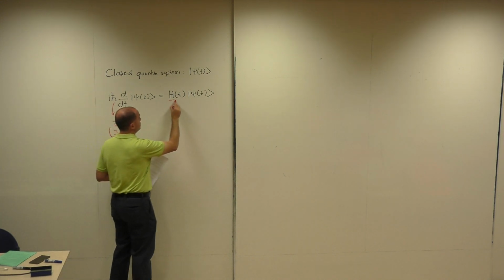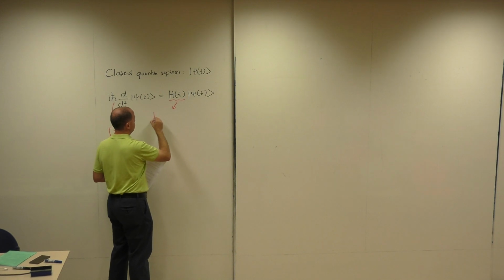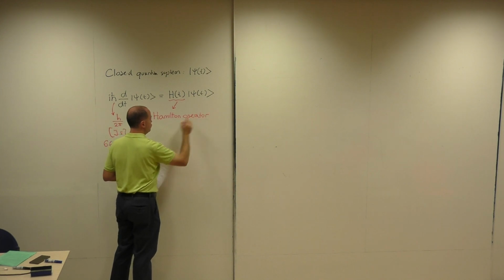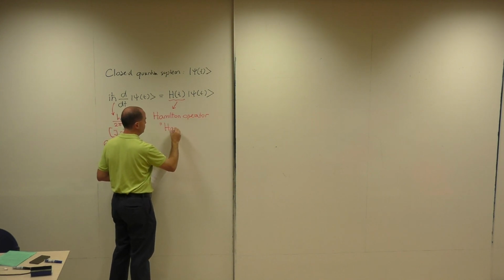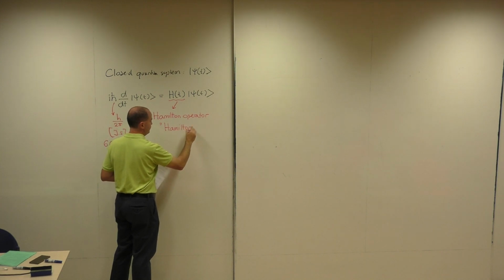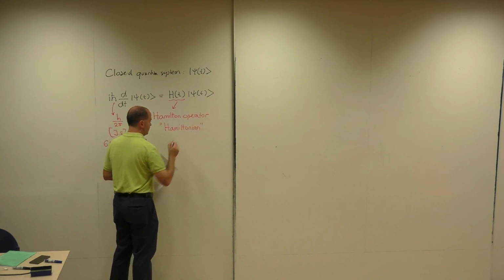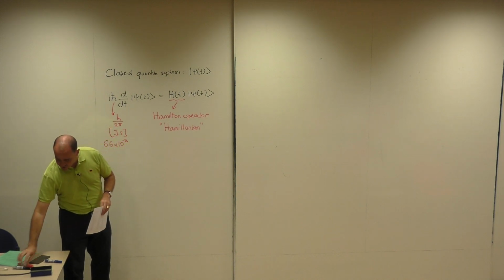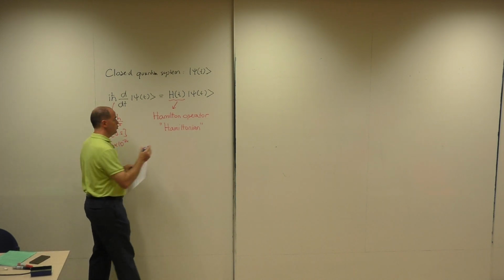This object is an operator, the Hamilton operator, usually called Hamiltonian for simplicity. That is the object that generates the evolution.